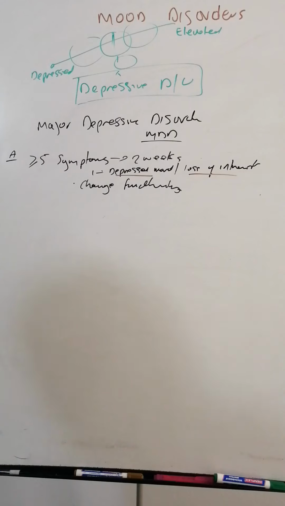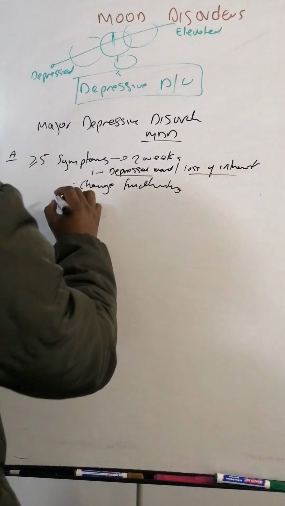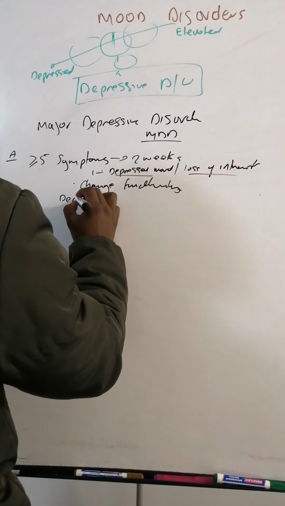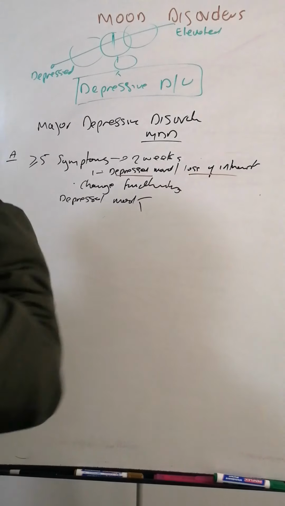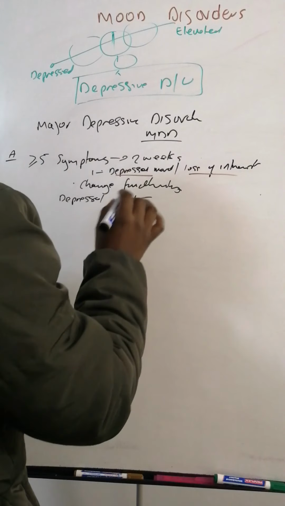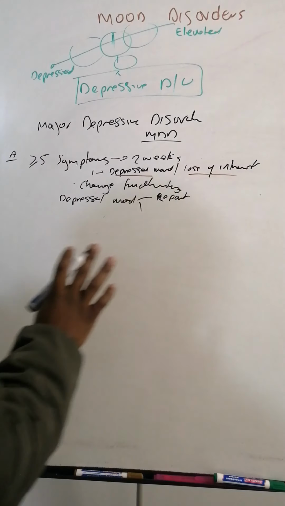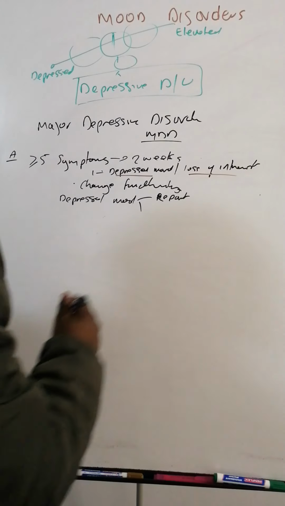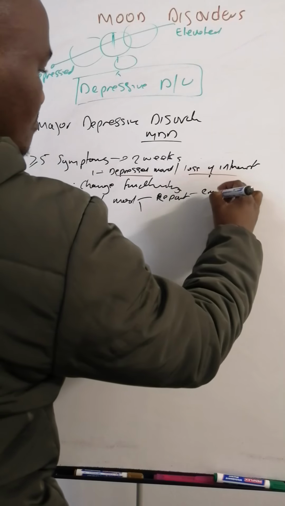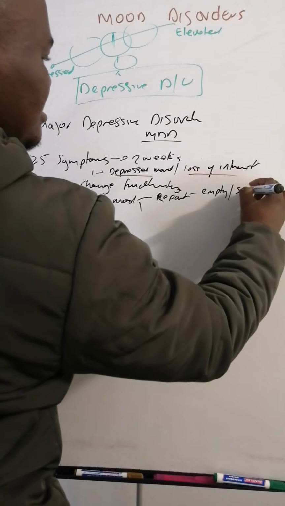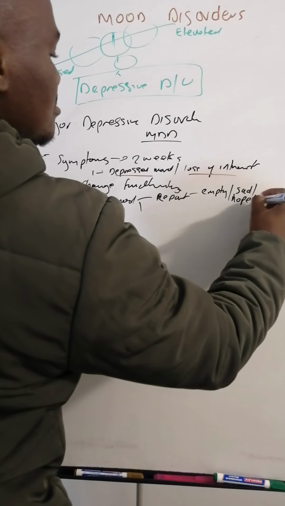So when someone says I'm sad, when someone says I've got a depressed mood, this depressed mood can be reported by the patient themselves to their relative, a doctor or a nurse, and they will describe themselves as being empty, as being sad, as being hopeless, right?